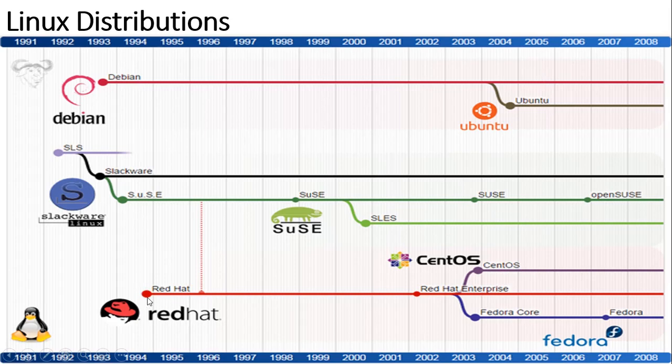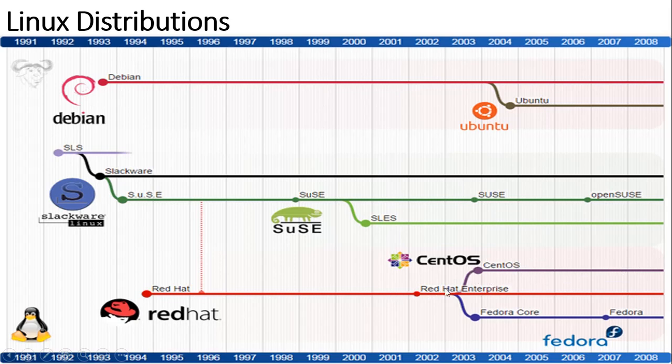Similarly with Red Hat. Red Hat is the first commercial Linux distribution. One is commercial and another is a free version. CentOS is built on the complete free source code of Red Hat Linux, and it has community support. Red Hat support will not be available for it, but there will be community support from those who are using it.